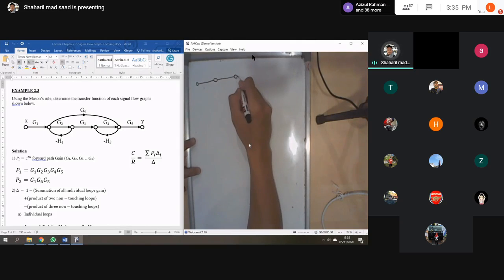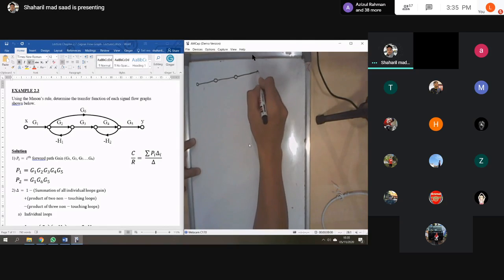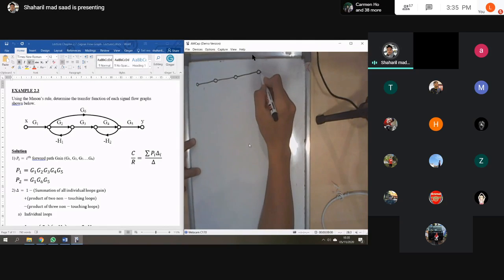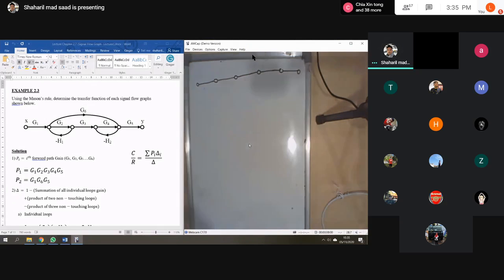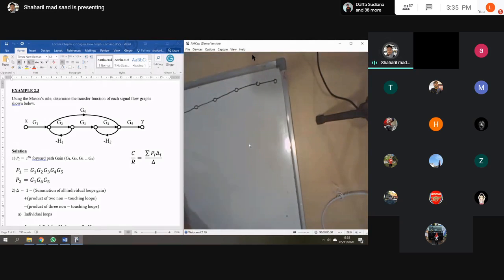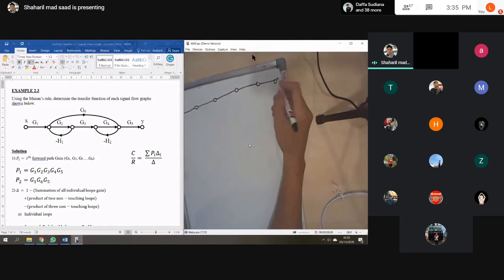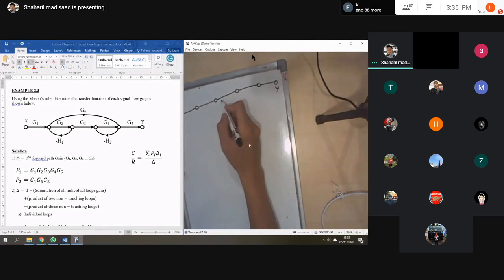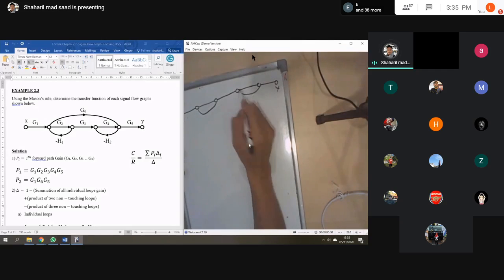Show nodes 2, 4, 5, and 6, X and Y, then you got it here, here, and here.